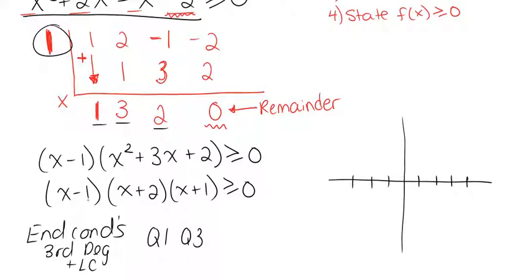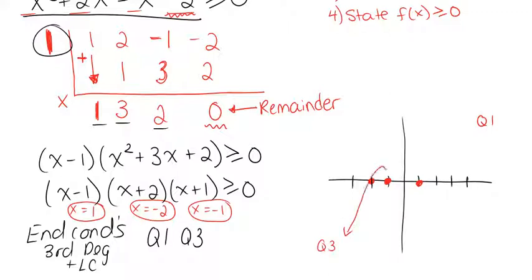My roots are x equals 1, x equals -2, and x equals -1. So I'm going to graph those: -1, -2, and +1. And my end conditions are Q1 and Q3. I didn't bother checking my y-intercept or anything. I don't know what the max and mins are, but I don't really care. I just want to know the shape of the graph.